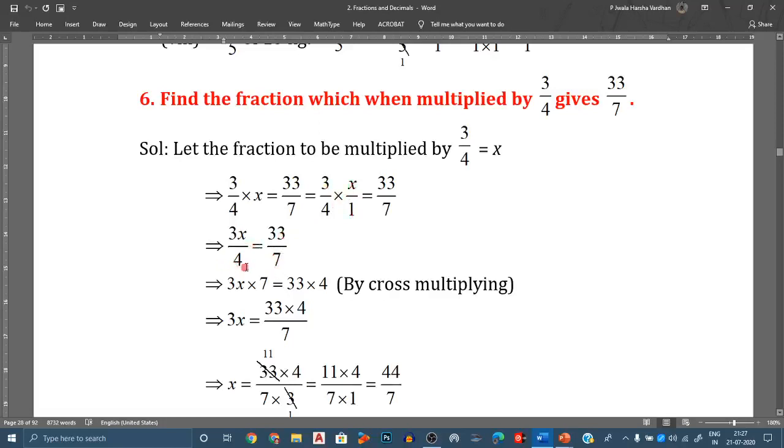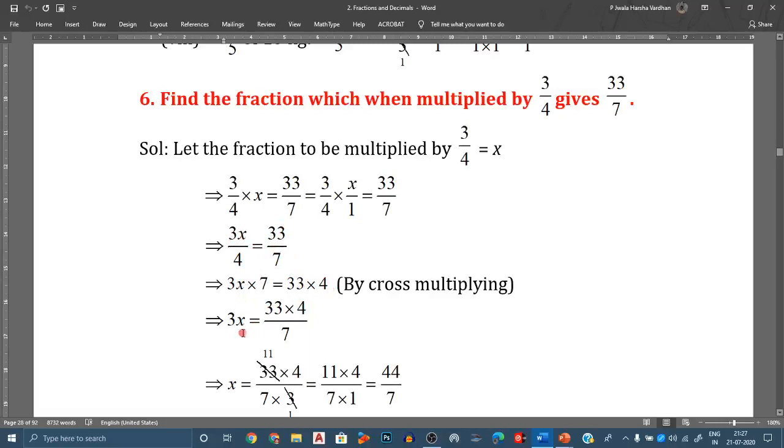Now you can solve this equation by the cross multiplying method. If you cross multiply this, you will get 3x into 7 is equal to 33 into 4.